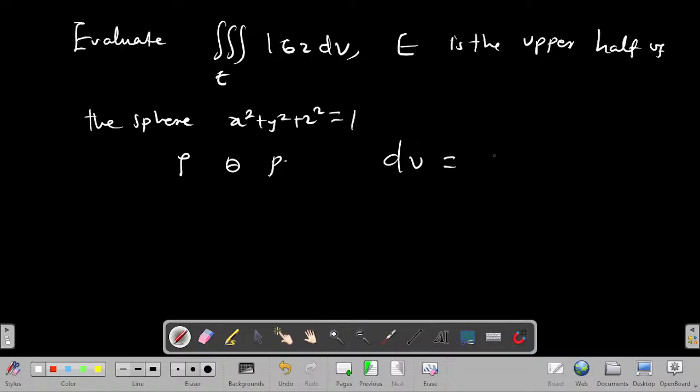It is giving us rho squared sine phi d rho d theta d phi. So always phi is at the outermost integral, theta is the middle, and rho is the innermost. Then you have this term rho squared sine phi, and it's always there.